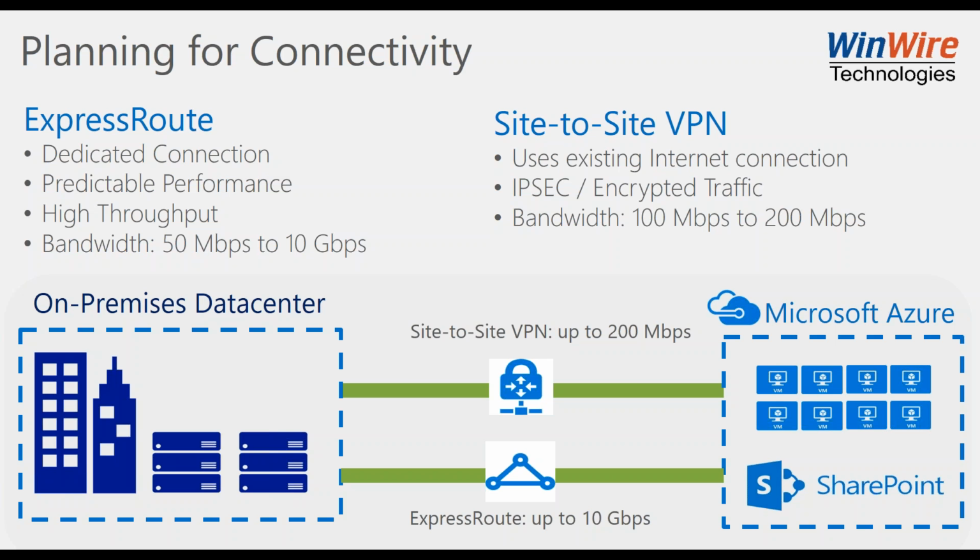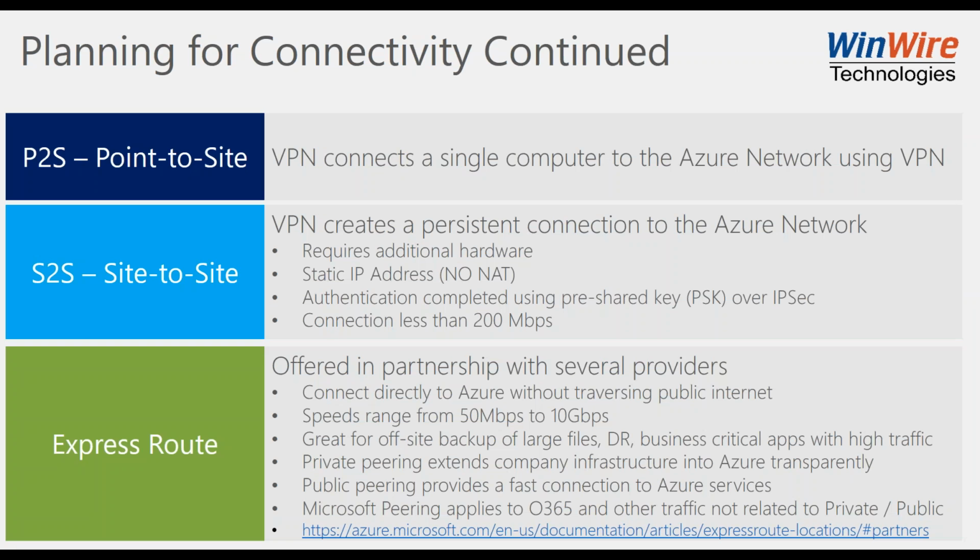Now, there's also a site-to-site VPN, and in this case, you create an Azure VPN gateway. You assign a static IP address to it, and then in your data center, you create the connection through your firewalls, and then you establish all the routes into the VPN and the networks that you want to use.